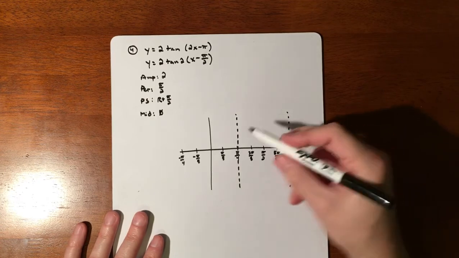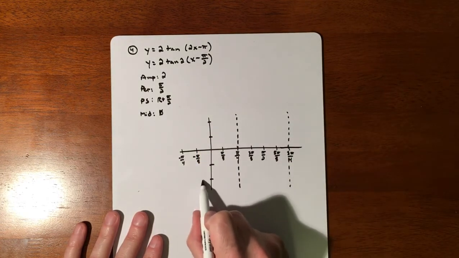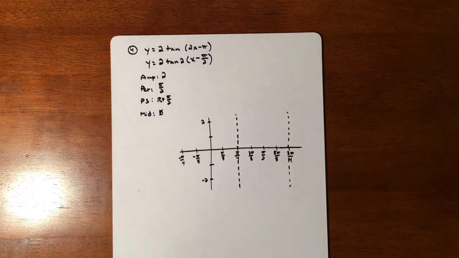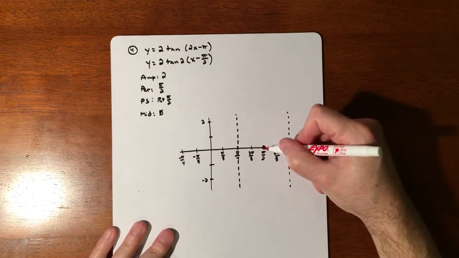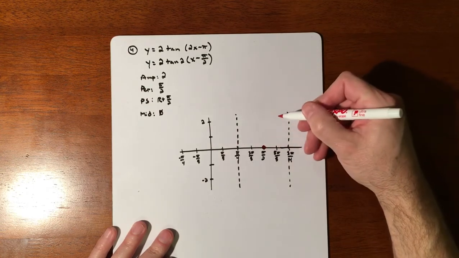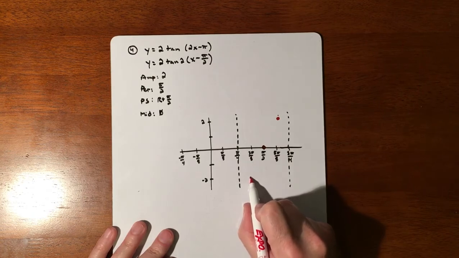Let's graph our one full cycle. We have a vertical stretch of 2. And we have our center. So that point would have went 1, 2, 3, 4 spots to the right. This point's up here. This point's down here.